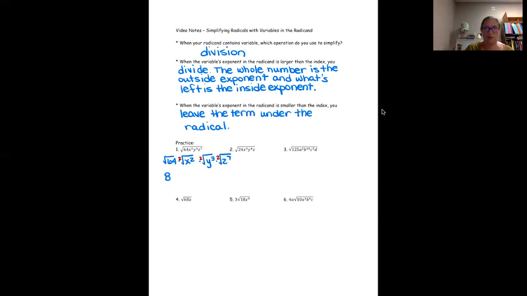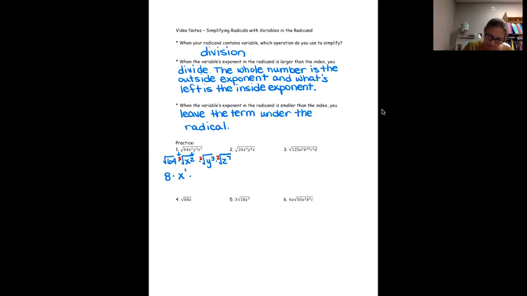Now here's where the division comes into play. 2 goes into 2 one time. So x to the first power. The square root of x squared is x.